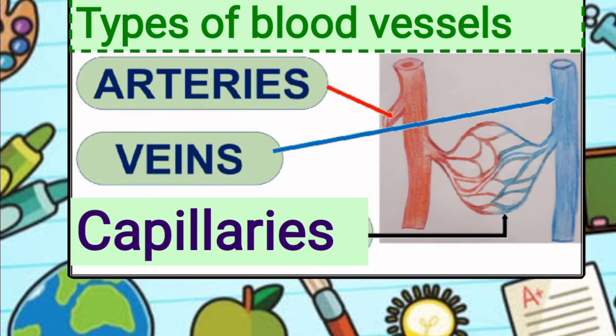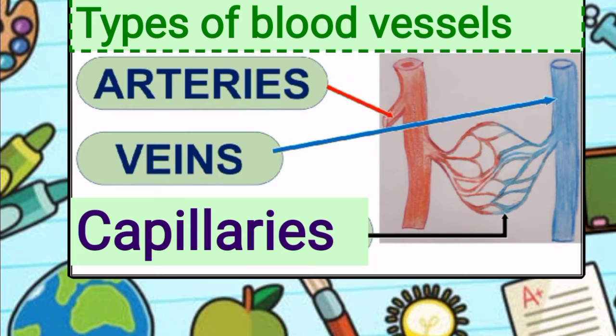Arteries are a type of blood vessels which carry blood from the heart to different parts of the body, and veins are a type of blood vessels which carry blood from different parts of the body to the heart. And capillaries are the smallest blood vessels.